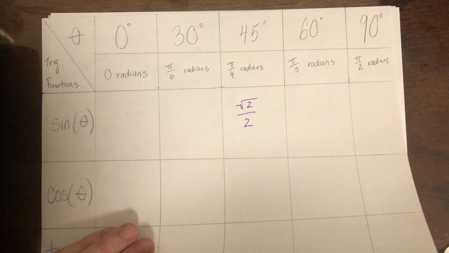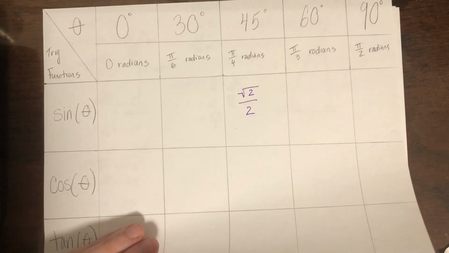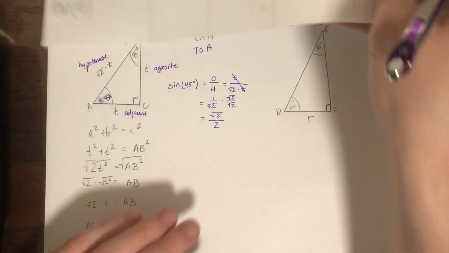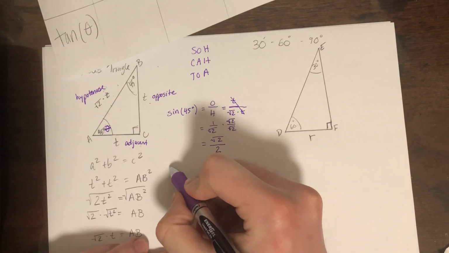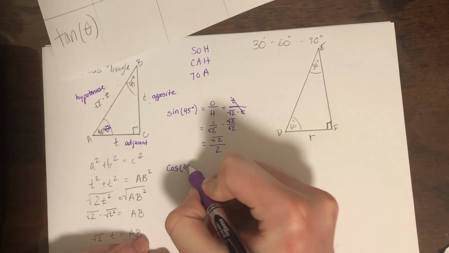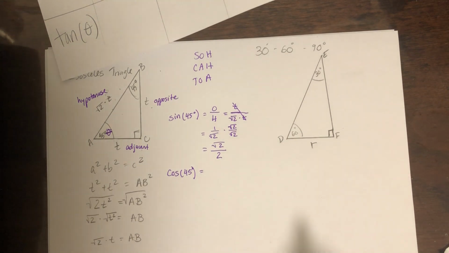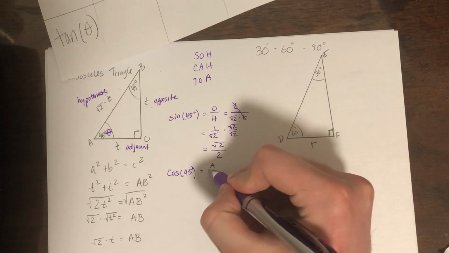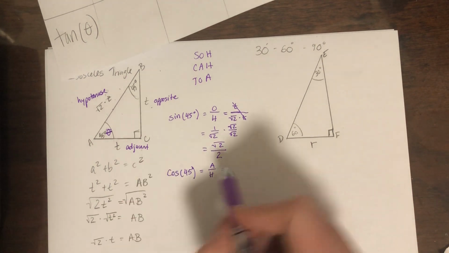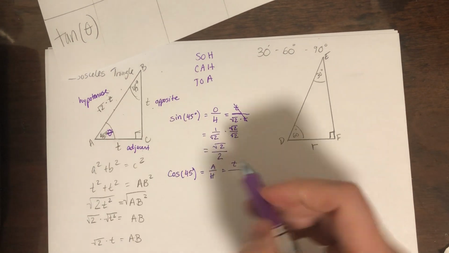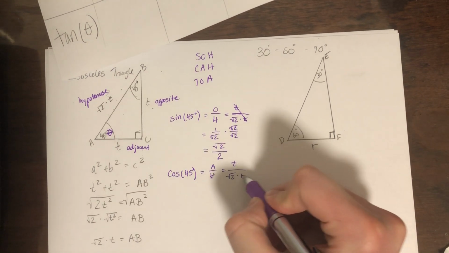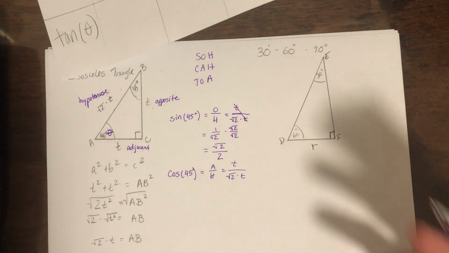Now, we could do cosine, same method. When we plug in cosine of 45, it's adjacent over hypotenuse, and adjacent is t, and hypotenuse is still radical 2 times t. So we're going to end up getting the same exact thing.